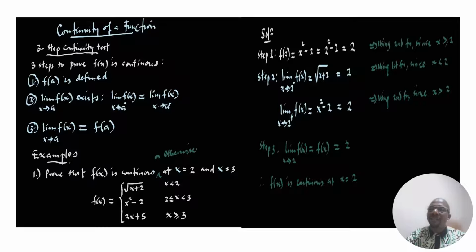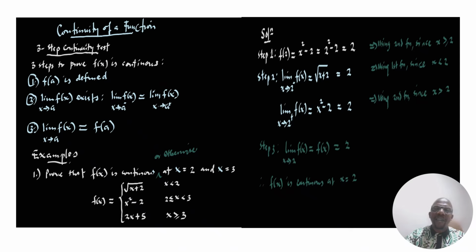And looking at that, you can see that it is 2, 2, 2. That means step 1 is equal to 2, step 2 goes to 2, and step 3 also: the limit of f of x as x approaches 2 is equal to f of 2, which is equal to 2. That means f of x is continuous at x equals 2.